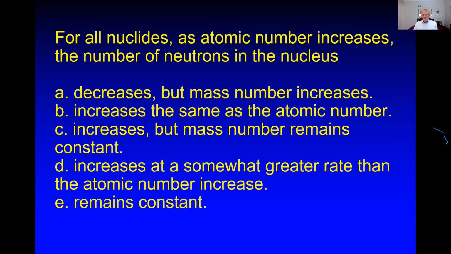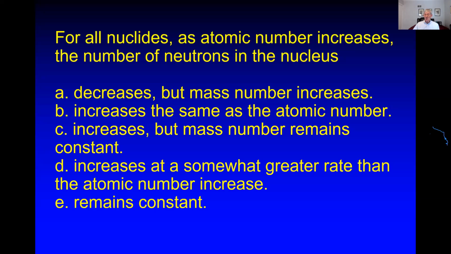So keeping that graph in mind, as the Z number increases, what happens to the number of neutrons in the nucleus? First of all, does it decrease or increase? Increase. As you go farther out in Z number, it takes more and more neutrons to make that nucleus happy. So it has to be B, C, or D. Those are the only ones that have increase.